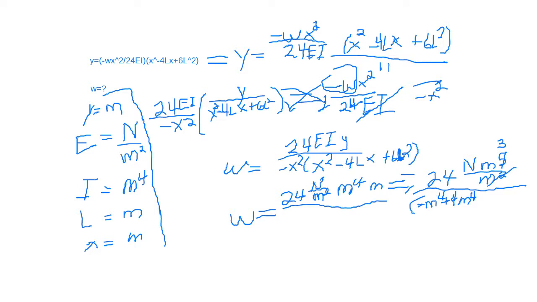Then a positive times a negative turns out to be a negative, so you got minus 6 and L squared. That's meter squared and meter squared, so you got negative 6 meters to the 4th.